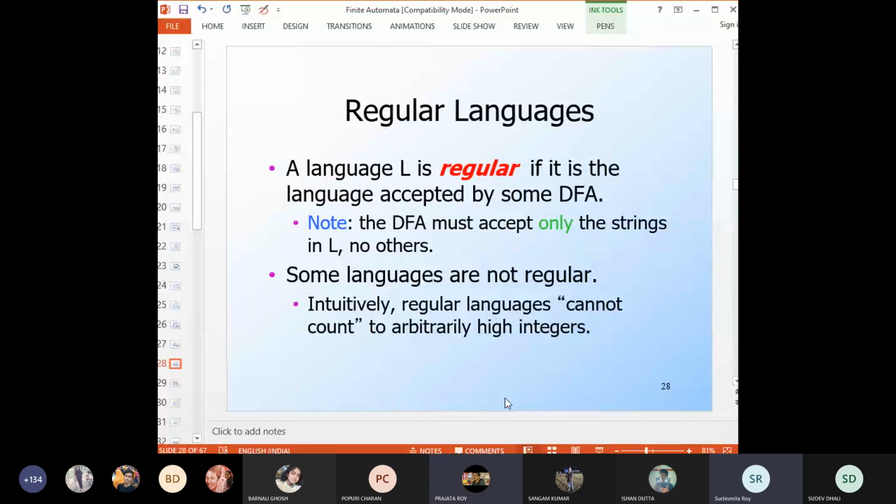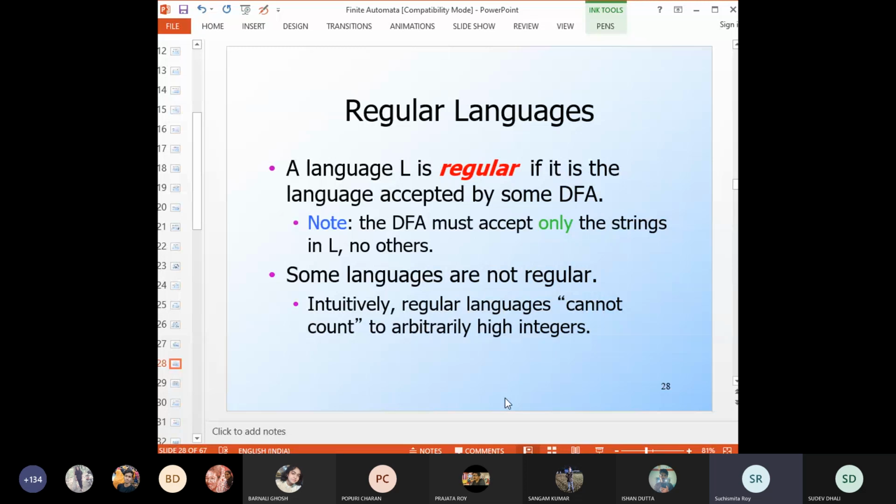But if you say n number of A's, you do not know what n is going to be. It could be small, it could be big, it could be arbitrarily big, and it is not predefined. Then it is not regular, because the automata really cannot keep a count of any number which you specify.